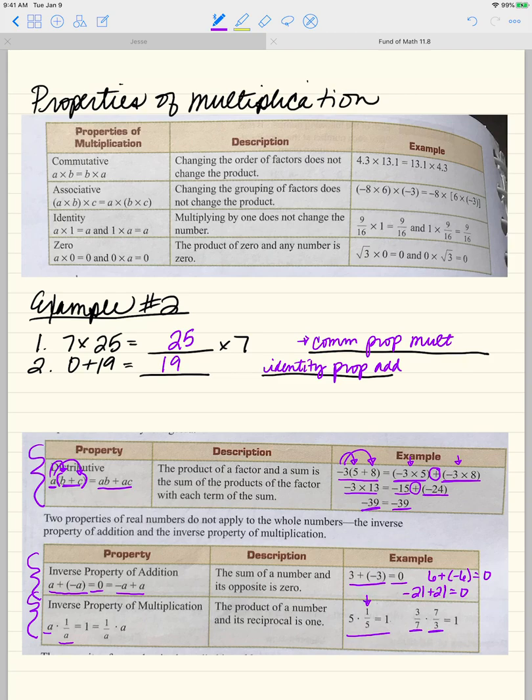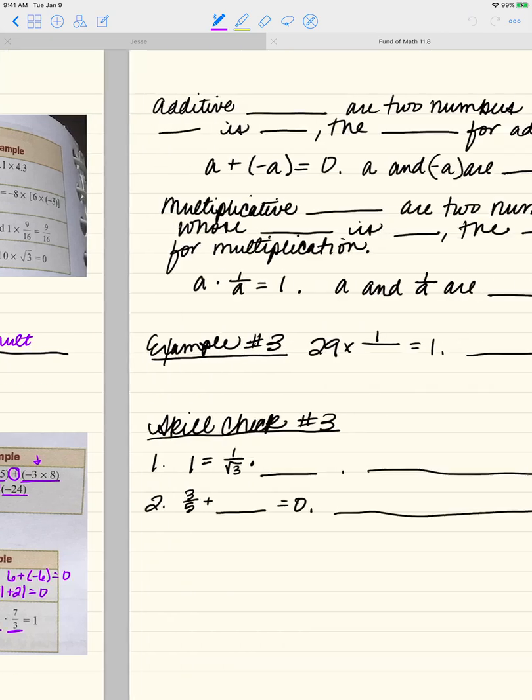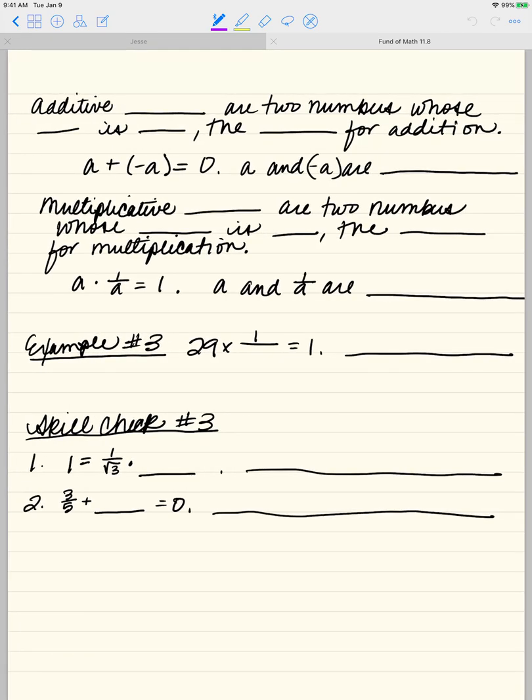Why is the reciprocal of 5 1/5? Because you need to remember we can always write our whole numbers as a fraction over 1. So the reciprocal of 5 over 1 is 1 over 5, and the product of that is always going to be 1. Okay?